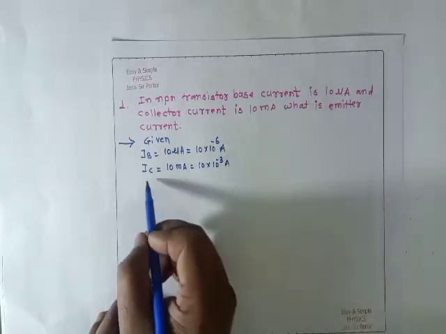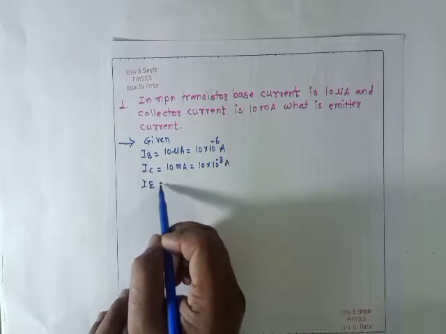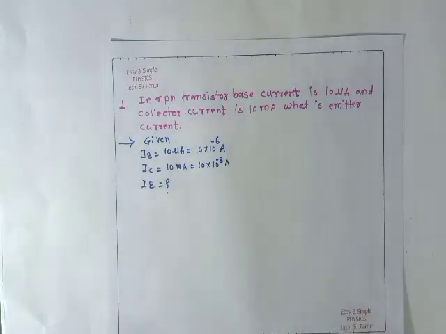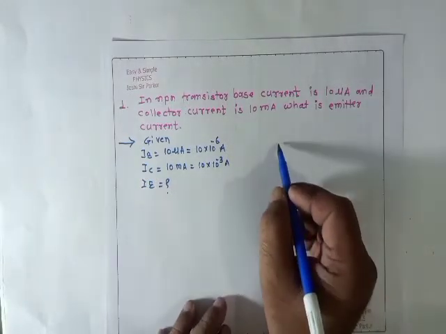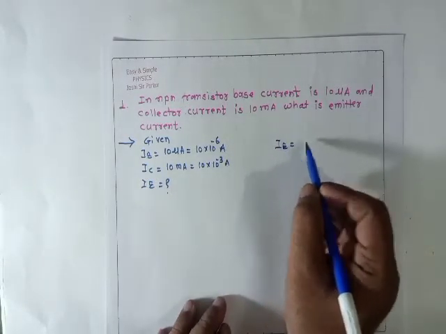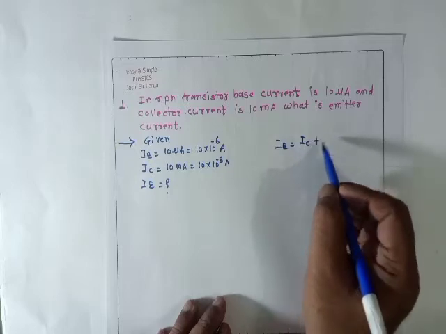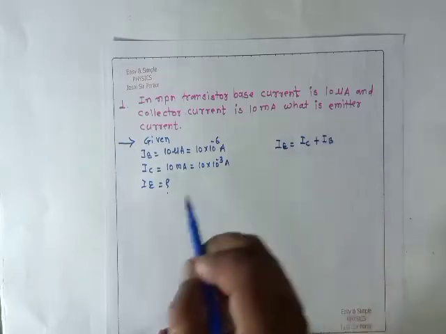And we want to find the emitter current, IE is equal to question mark. So first of all, emitter current will be the summation of collector current and base current.